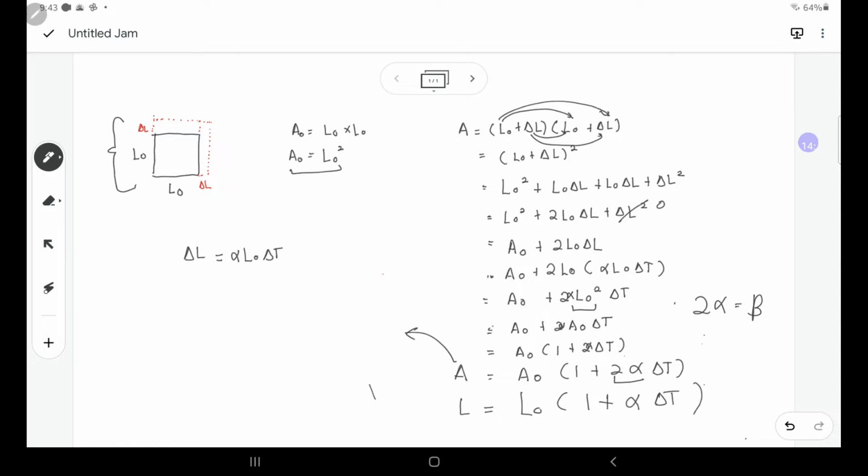So this one rewritten, you can get A is equal to A naught times 1 plus beta delta T. Alright, clear?